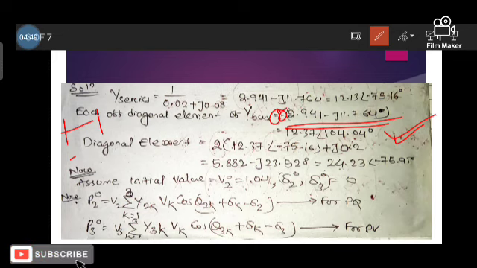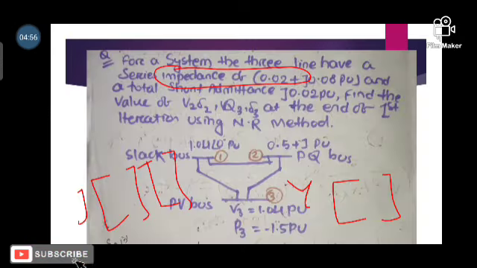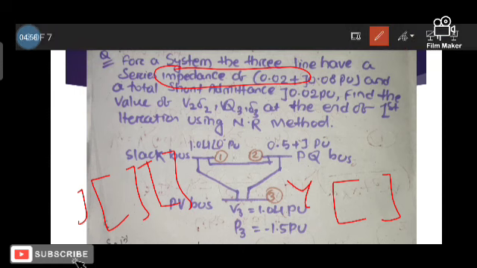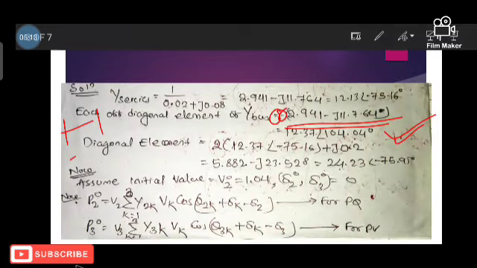The diagonal element is the summation of all the admittances connected to that bus. There is a 3-bus system, so the diagonal element is the sum of the admittances of that bus's lines plus the admittance connected to the ground at that bus. After adding, we get 24.23 angle minus 75.95 degrees.